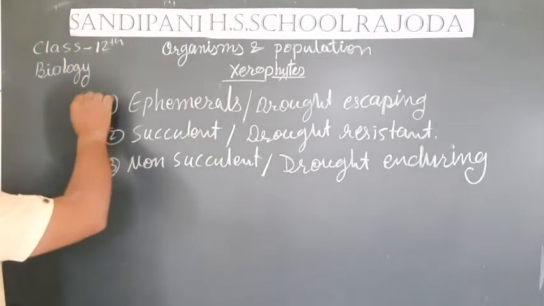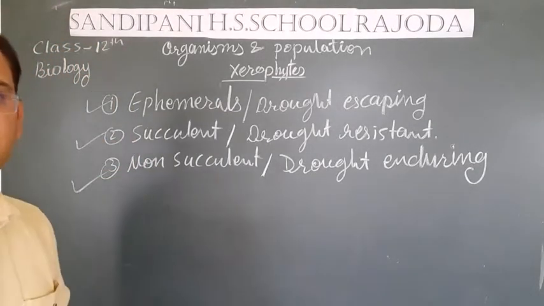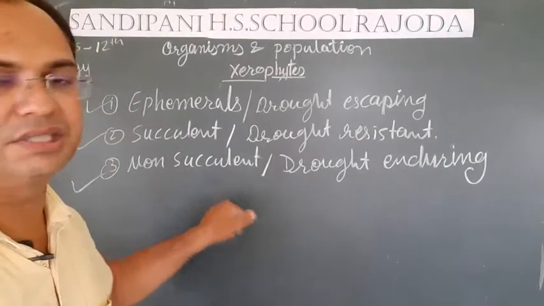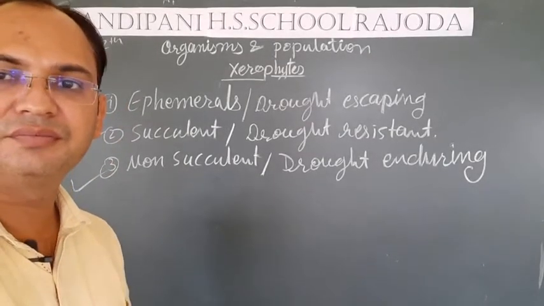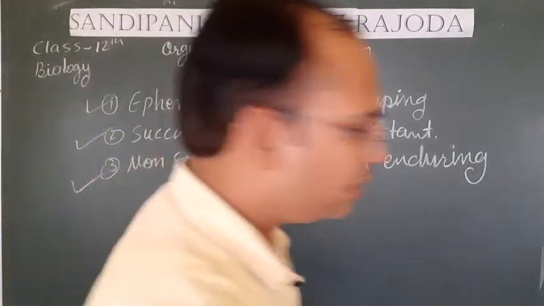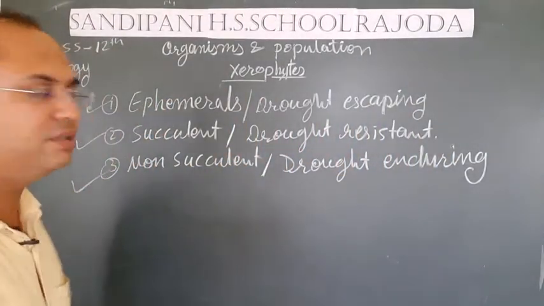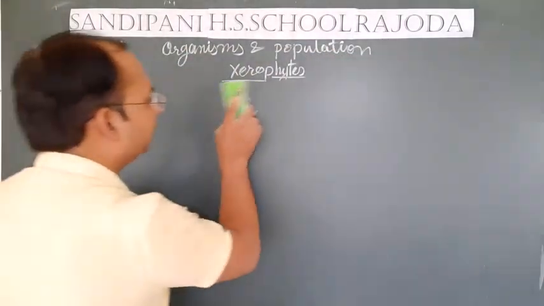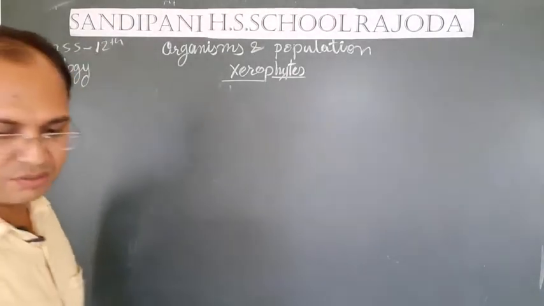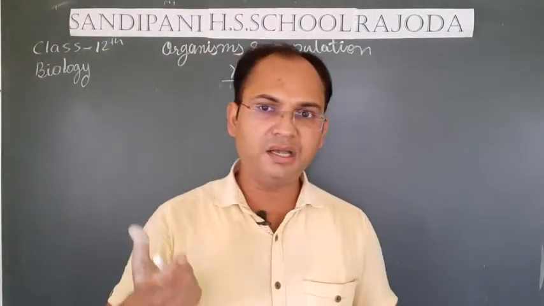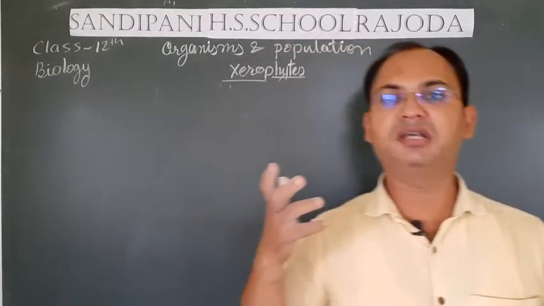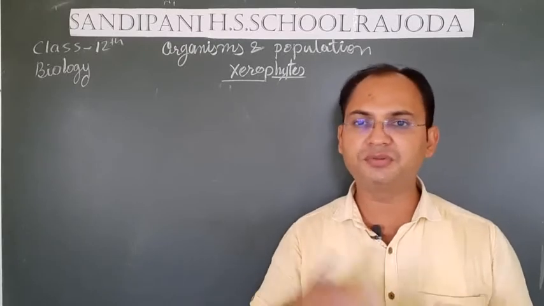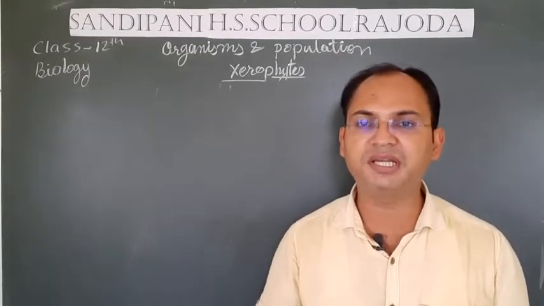So, students, these are ephemeral, succulent and non-succulent plants, three types of plants that are found in xeric conditions, xeric environment. Now, let us see what are the adaptations found in xeric plants in order to survive in xerophytic conditions. In general, if there is less availability of water, then the parts of the plant used for absorption of water, that is roots, must be highly developed.